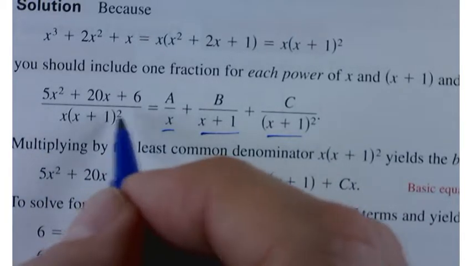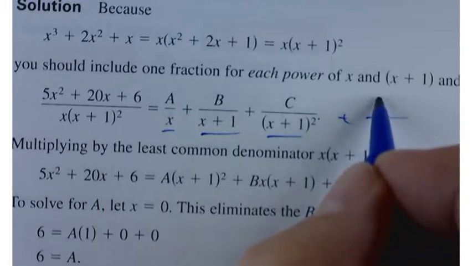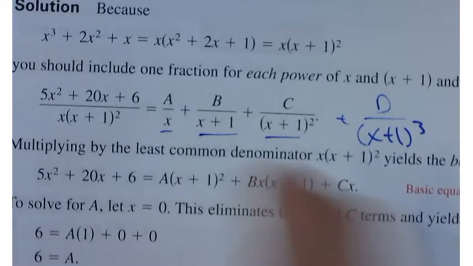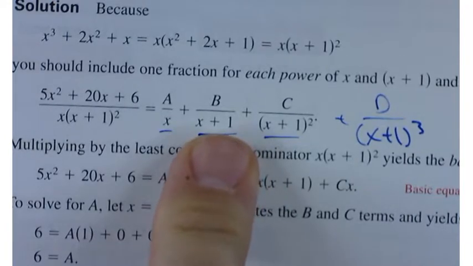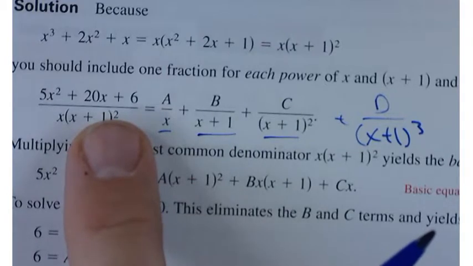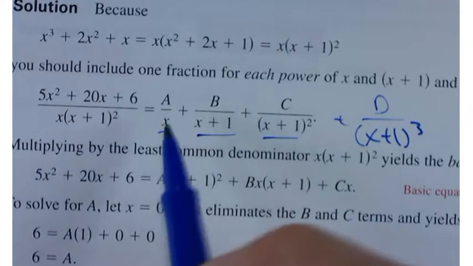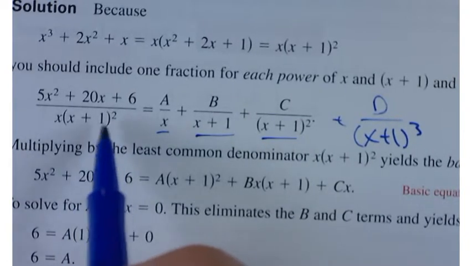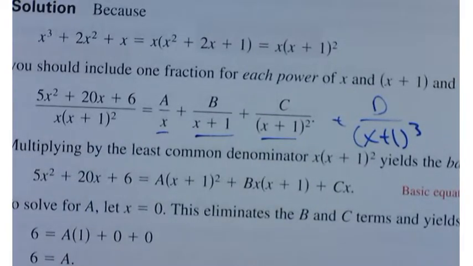Now, if this was cubed, then I'd have yet another term, d over x plus 1 cubed. So what you need is one of these terms for each power, starting with 1 up to the exponent, for these repeated linear factors. So that is something that has a higher power other than 1.